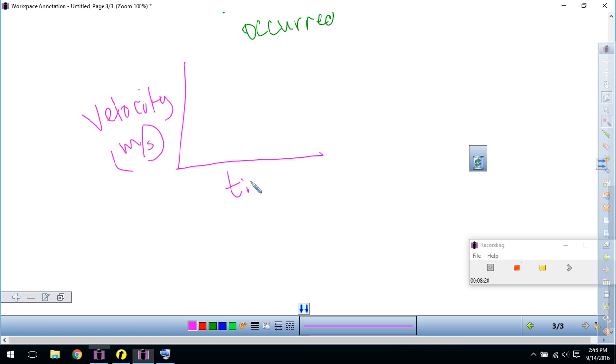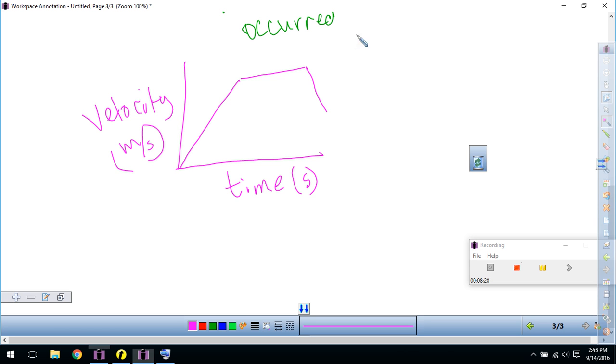And this is time, and I'm going to say that it's in seconds. Okay, so the way that it looks like this, and then it's flat, and then it's flat. Now, all right, it slopes down. If you had thought this was a position versus time, you would have told me that he's just sitting still right here. Well, it's not a position versus time graph. It's a velocity versus time graph, so he has a constant speed. So you have to pay attention to what these say, or else you'll answer the questions wrong.